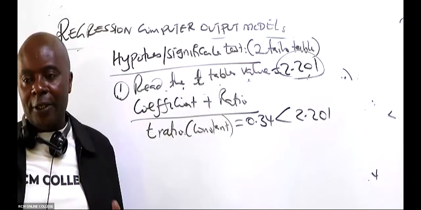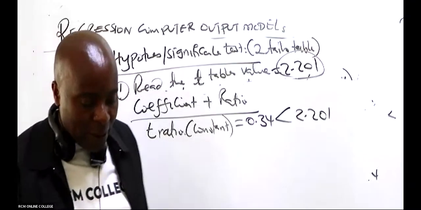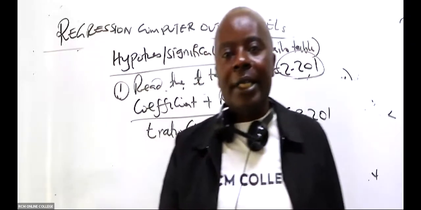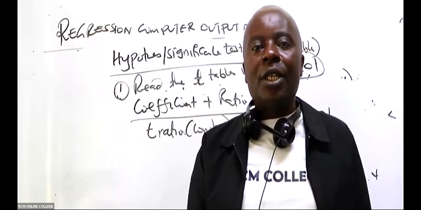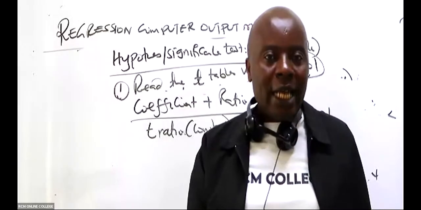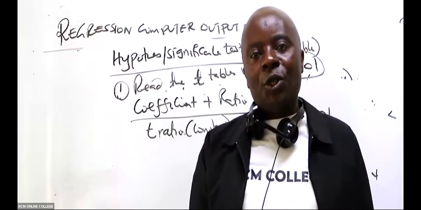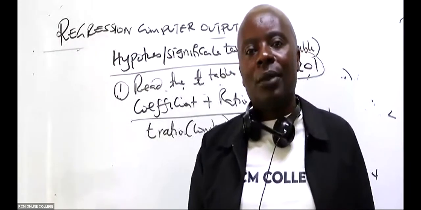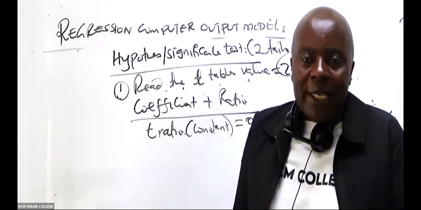It is insignificant. So you simply tell us that the constant is insignificant, and this may render the regression equation useless in terms of prediction, because it's a very tiny number.